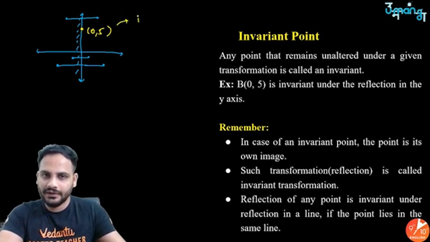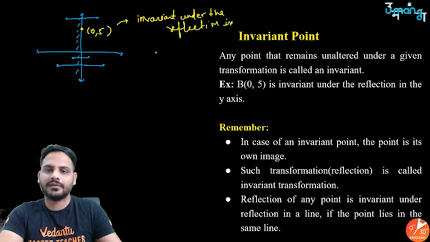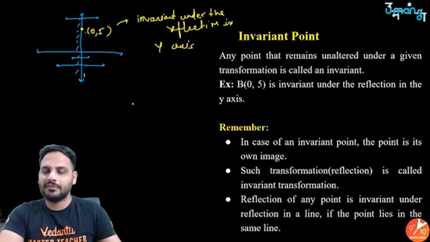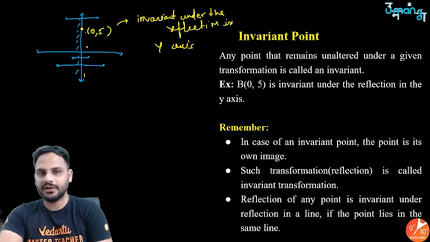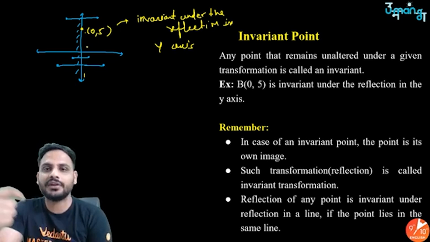So we can say it is invariant under the reflection in the y-axis. It is not like it is always invariant. If I look at the image of this under the reflection at the x-axis, then it will become (0, -5). So under the x-axis it is not invariant, but if I do the reflection under the y-axis, in that case it becomes invariant. So whenever we talk about invariant points, it is always with respect to which reflection we are looking at.